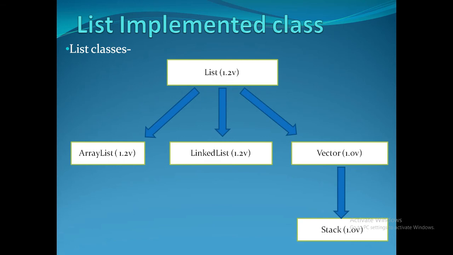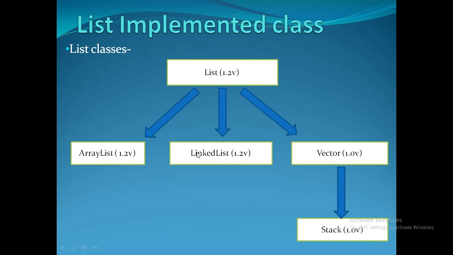But the way in which you implement them totally depends on that class. Whatever methods are present in the list will by default be present in all these classes, but how we implement them is different for every class. For example, we have the add method, which takes one element to include in the list.